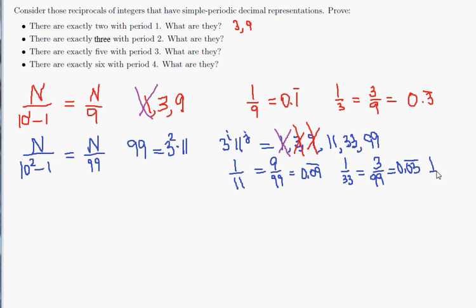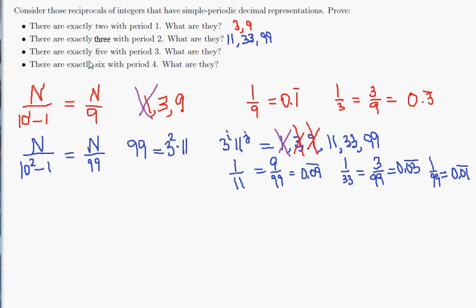And finally, 1 over 99 is already in the appropriate form, and so that can be written as 0.01 bar. And so those are our answers. The three numbers are 11, 33, and 99.